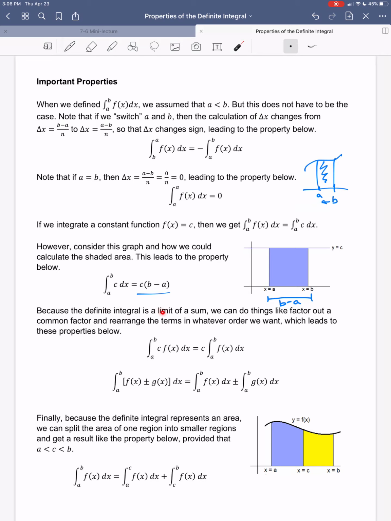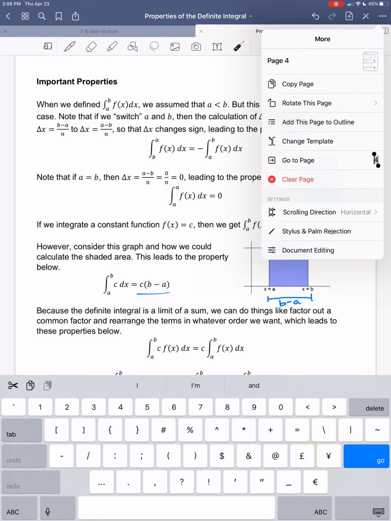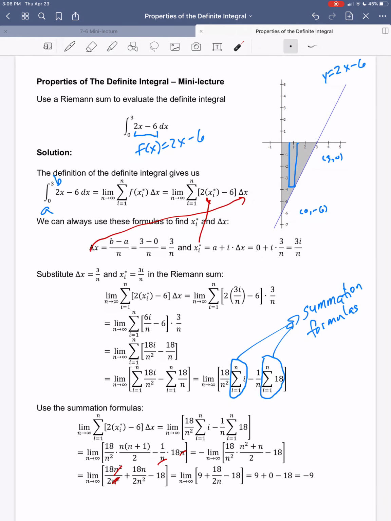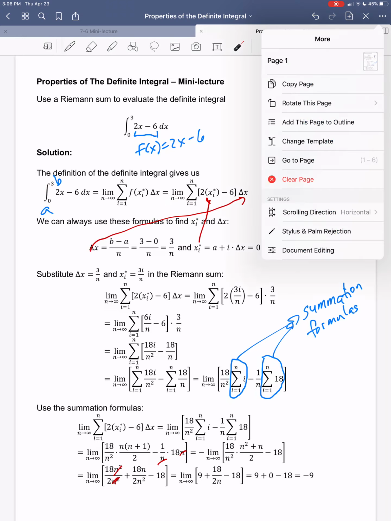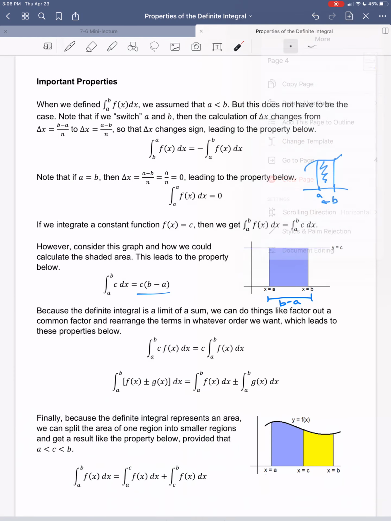Because the definite integral back there was a sum, right? It was the limit of a sum. If we look back here at all this crazy work, this integral is just the limit of a sum. Okay? So anything I do when I'm adding, I can do with integrals. In particular, we can always factor out a common factor from a sum. If every term has a common factor, we can factor that out. Or we can rewrite the terms in whatever order we want.